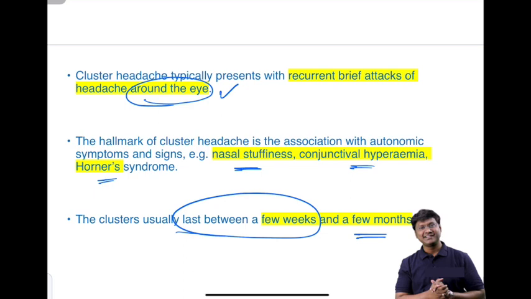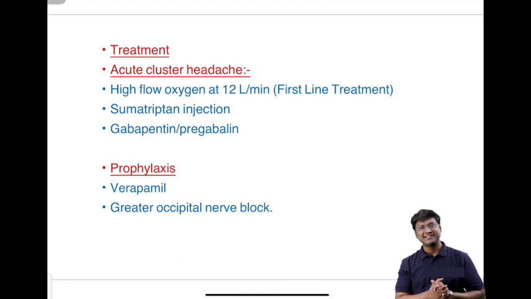And how do you treat this cluster headache? The first line treatment for acute cluster headache is high flow oxygen. The other drugs are sumatriptan injection, and gabapentin or pregabalin can be given.